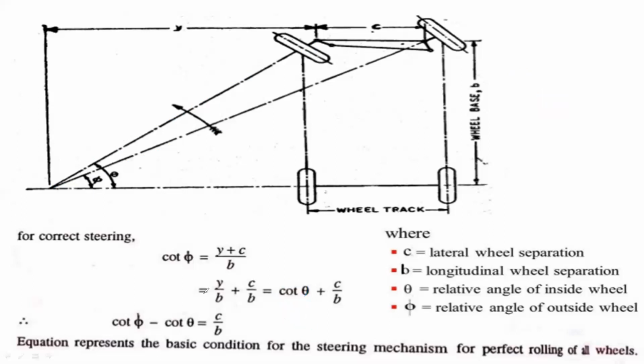So what I'm getting: cot phi is equal to y plus c by b. Then I can divide this equation: y by b plus c by b. Y by b is also known as cot theta.